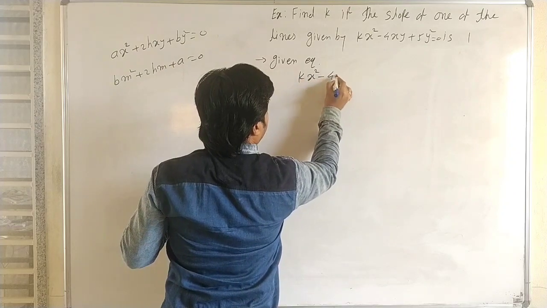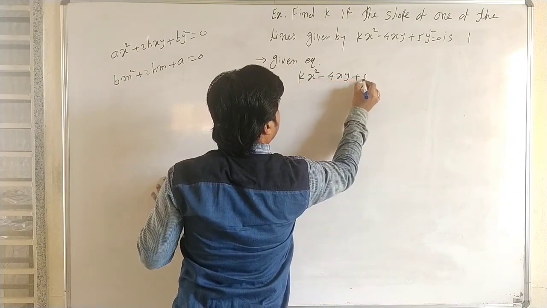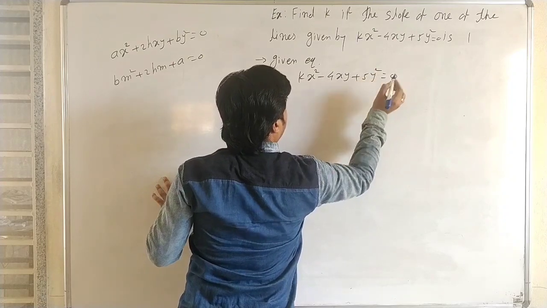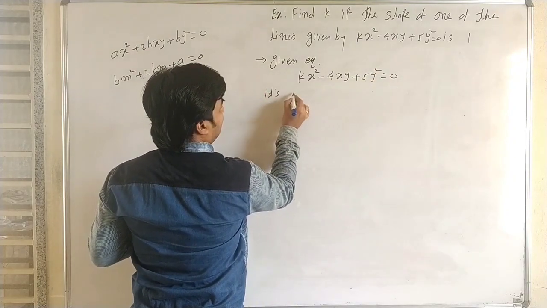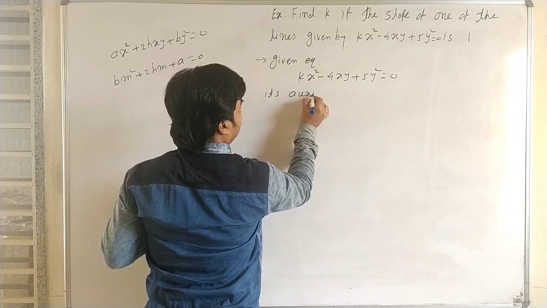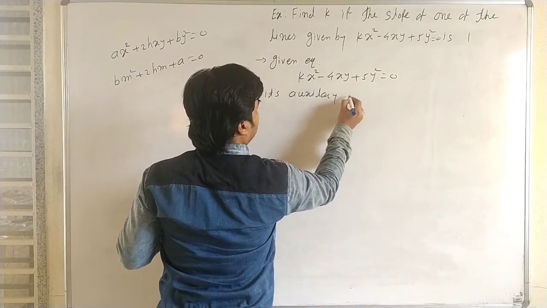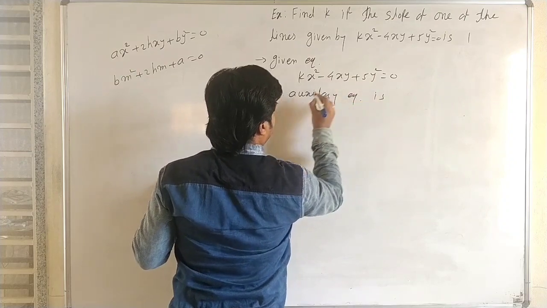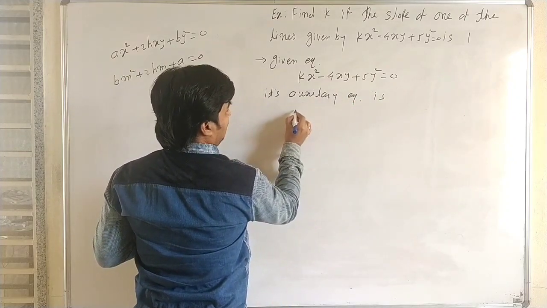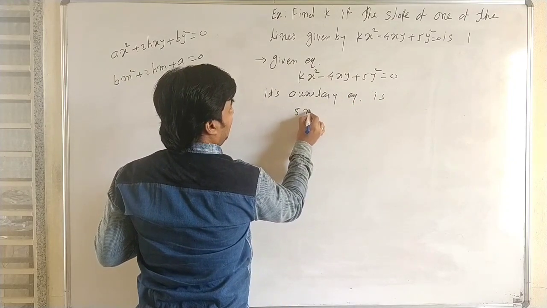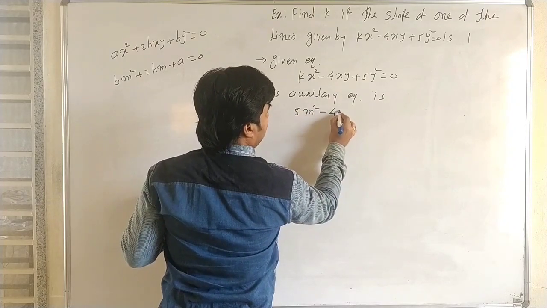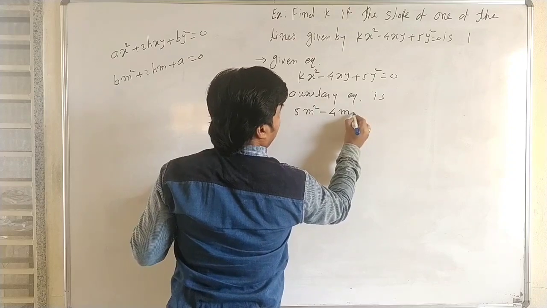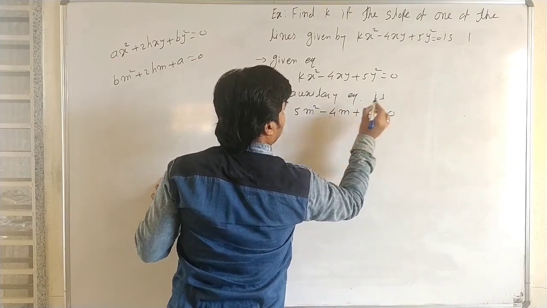Now the given equation is kx square minus 4xy plus 5y square equal to 0. Then its auxiliary equation is bm square, that is 5m square, minus 2hm, that is minus 4m, and plus a is equal to 0.